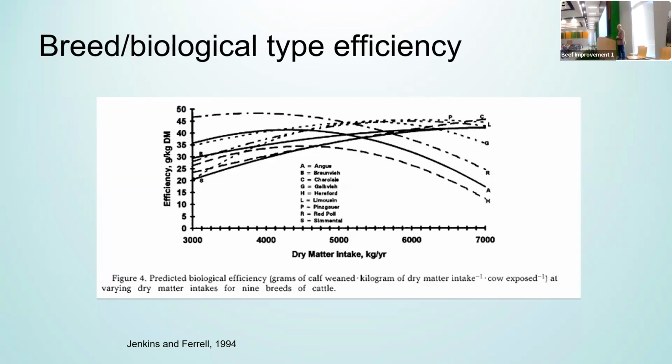So if we think of our western states where we might be very limited on our feed resources, and maybe eastern states like Tennessee where we might not be as limited on our feed resources, which breeds seem to fit the best? And you see the main result of this is a lot of difference between breeds at the time based on what they're able to do.